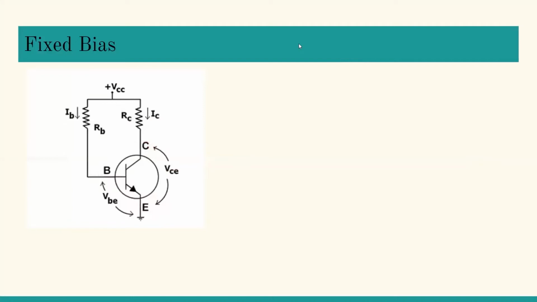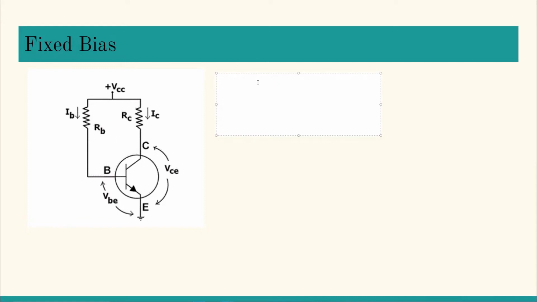So for fixed bias, first and foremost, always remember that this is the source voltage. VCC is the source. As the current comes down from the source, there will be voltage drops.